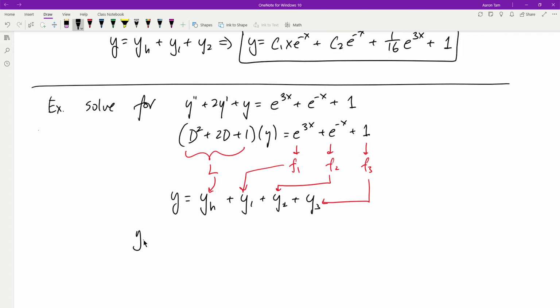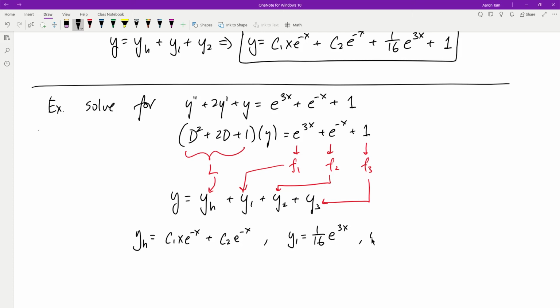We already know that y sub h is going to be equal to c1 x e to negative x plus c2 e to negative x. We also know what happened to y1, e to 3x. The corresponding solution y1 would be 1 over 16 e to the 3x.